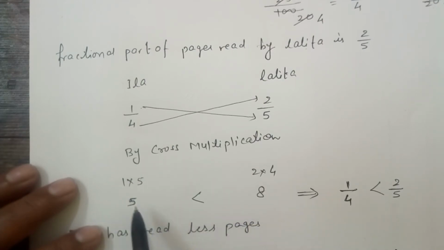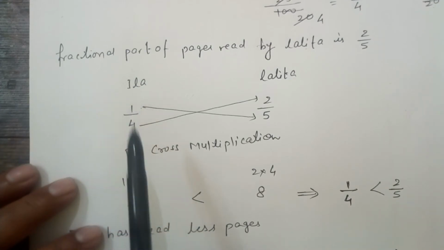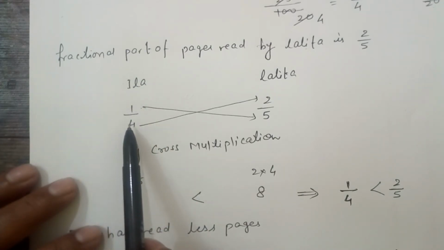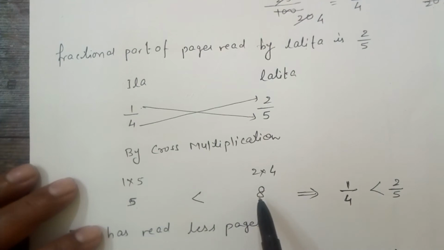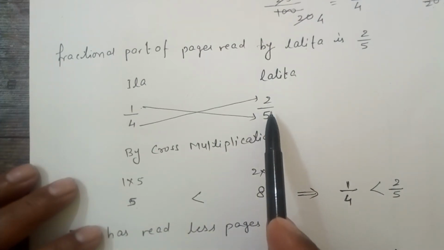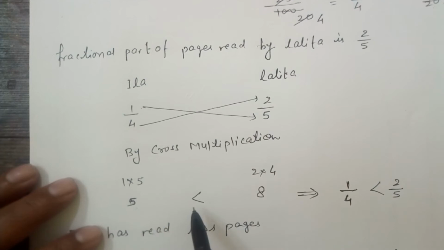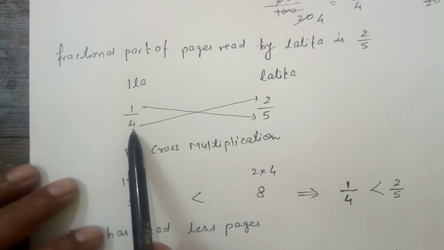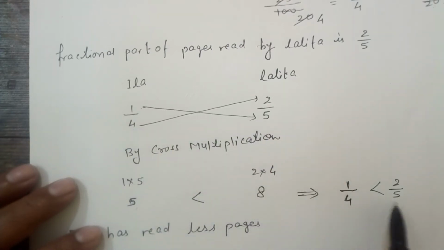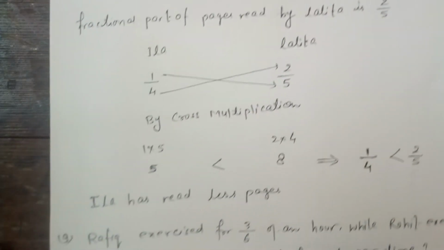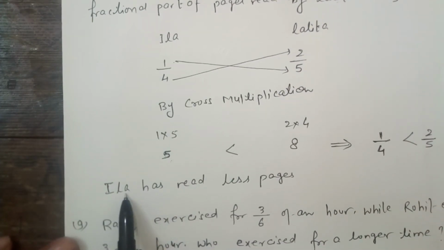The meaning is 5 belongs to 1 upon 4 and 8 belongs to 2 upon 5. Therefore 1 upon 4 is less than 2 upon 5. The meaning is Ella has read less pages. Your required answer is Ella has read less pages of the book.